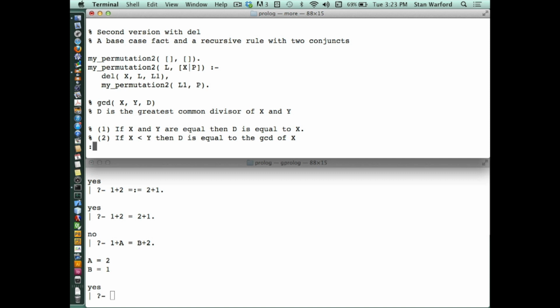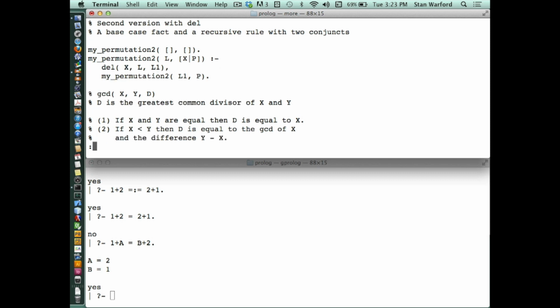Then it's equal to the greatest divisor of what? What's the greatest common divisor of 10 and 30? 10. Well, yes, but it's the greatest common divisor of 10 and 20. Is that right? Are you with me?